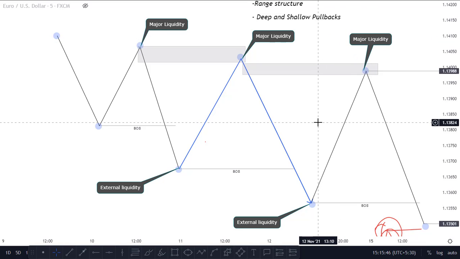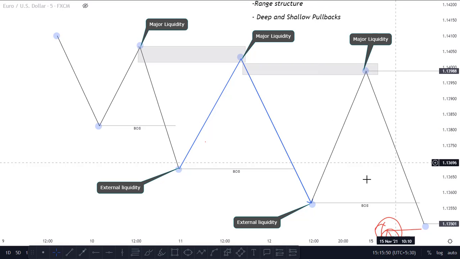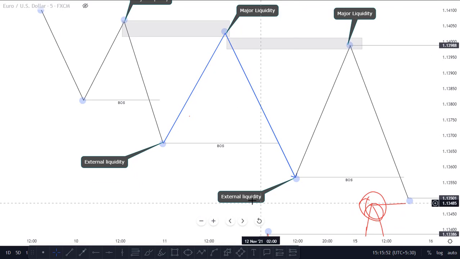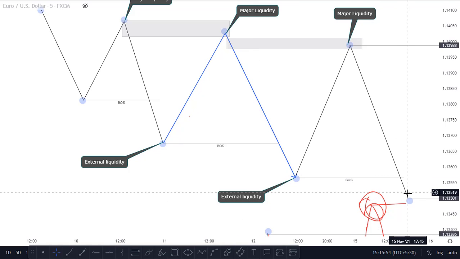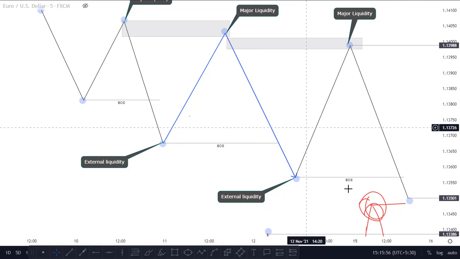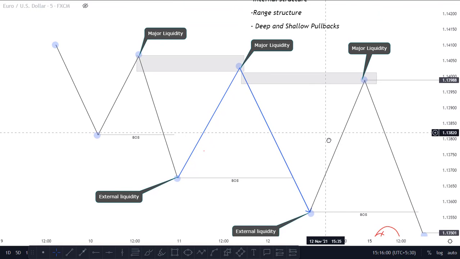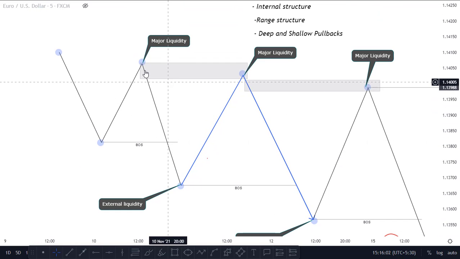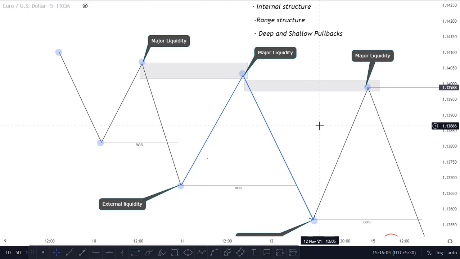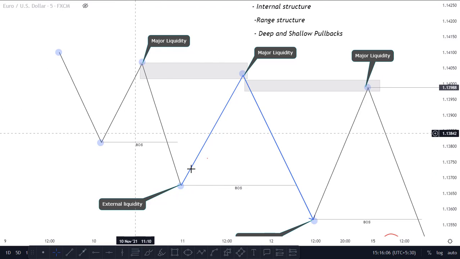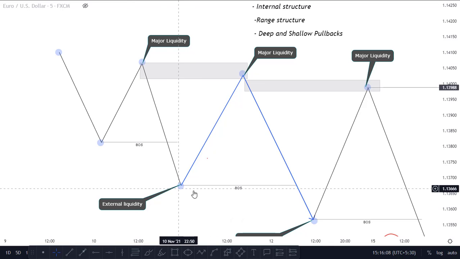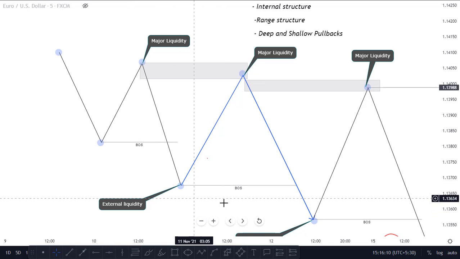Once we go back to the chart, that's when you will understand what I mean. So major liquidity is targeting external liquidity, then a new lower low is formed. This way, we keep moving. So this is for a downtrend. For a downtrend, all lower highs are our major liquidity, and all lower lows are our external liquidity.